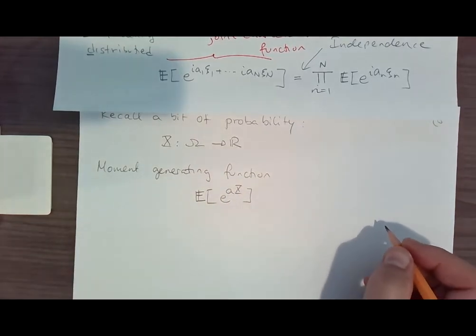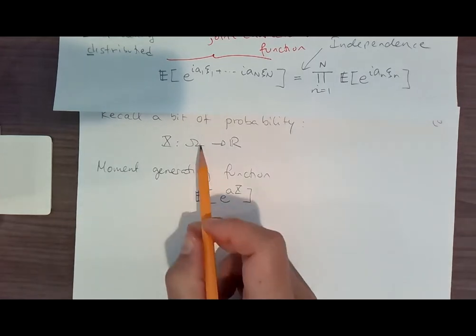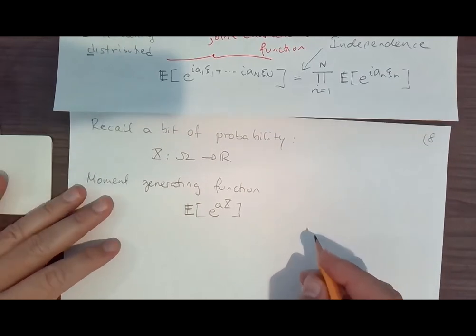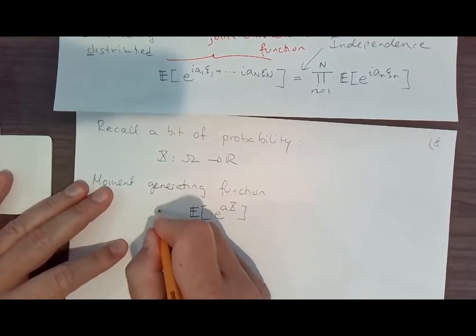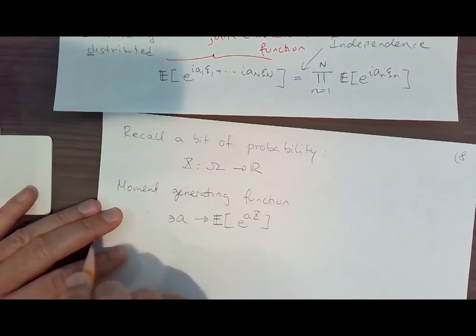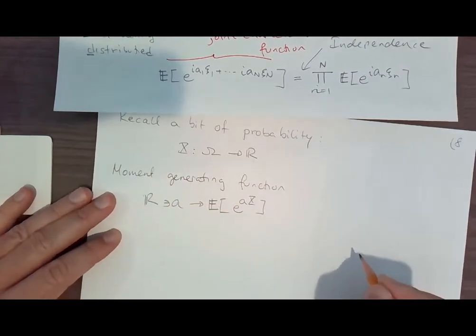This is the moment generating function. X is real valued, a here is a number, a number in, say, R.